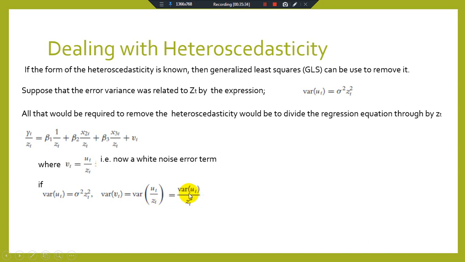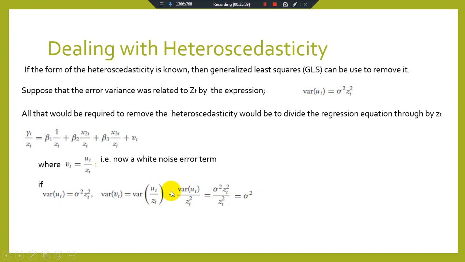So see it, variance of u divided by z square. Okay, this variance of u we have, suppose here, is equal to sigma square z square t. So we have to put its value here. So then z square is cancelled out by z square, and then we get sigma square.